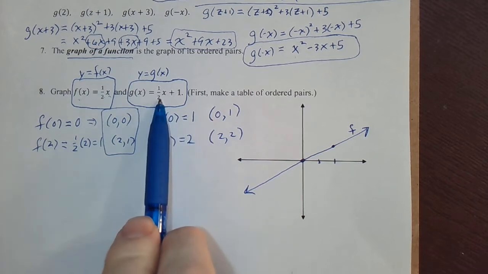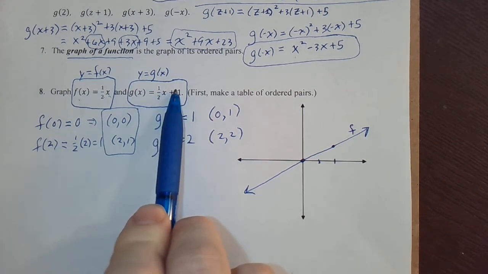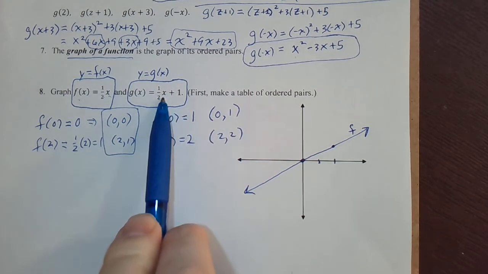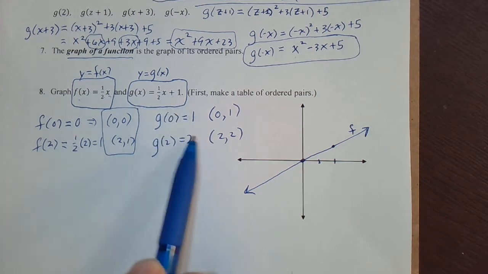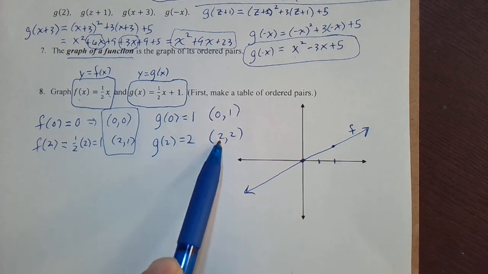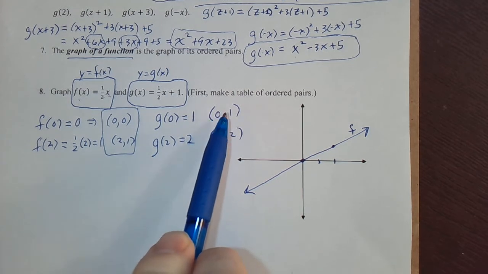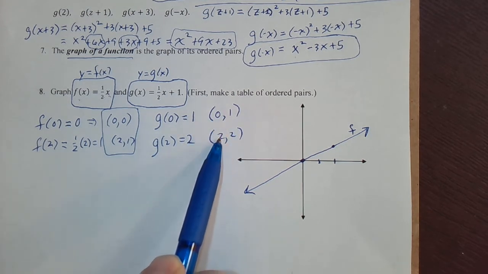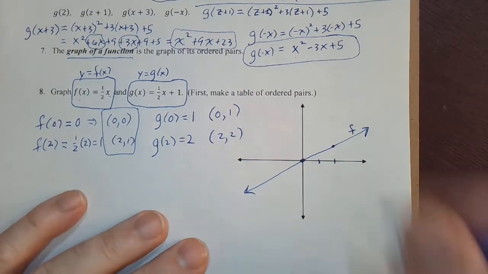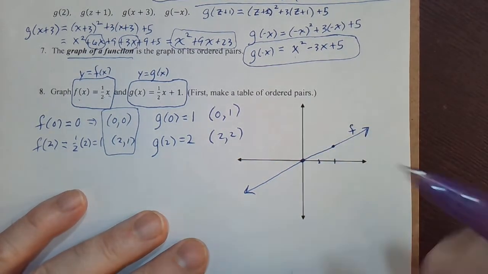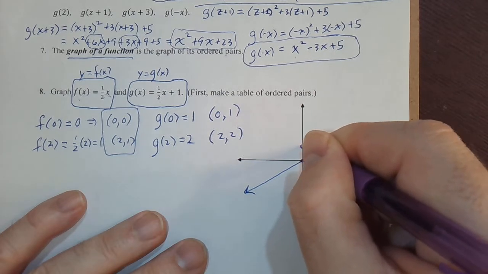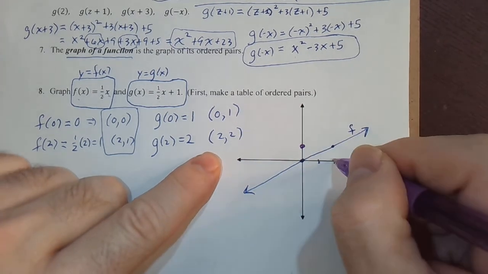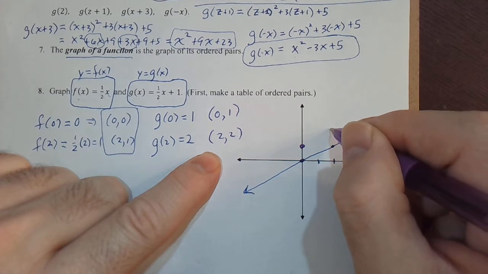If you plug in a 0, well, that term goes away and you just get a 1. 0, 1. If you plug in a 2 for x, you get 1/2 times 2, which is 1, plus 1, which is 2. So when you plug in a 2, you get out a 2. Input 0, output 1. Input, well, let's graph that. 0, 1. Right there. And then 2, 2.